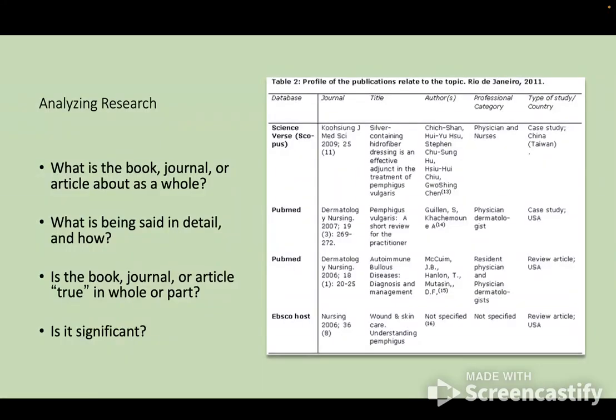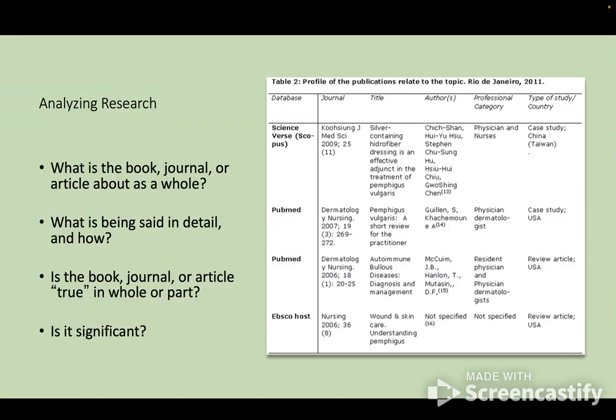Analyzing research, this is part of your literature review. You're going to look at many different articles. You're going to look at all the research that has been done. You're going to look at what the book, journal, or article is about as a whole, and how it was developed.